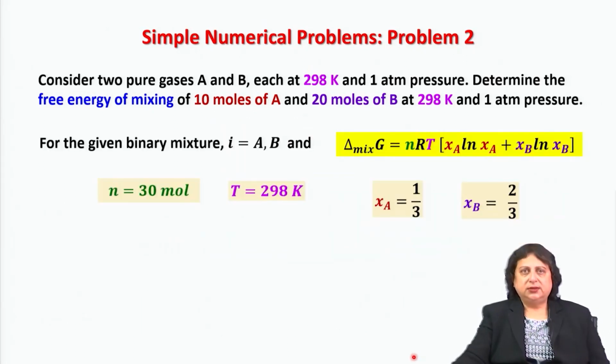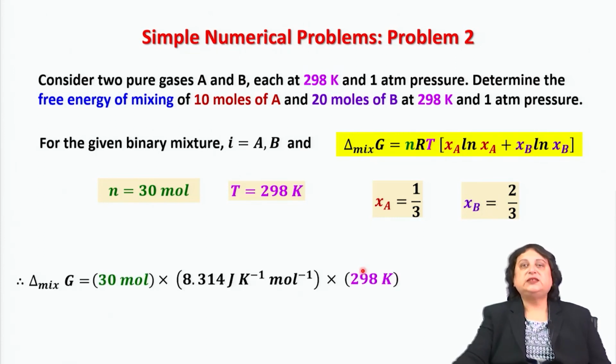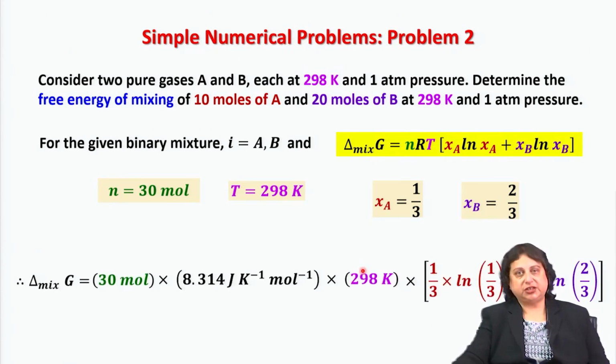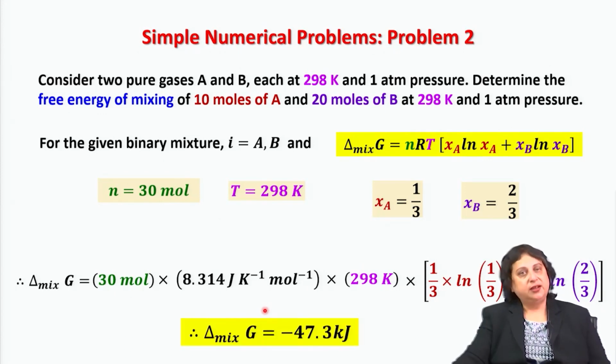So, the trick is very simple. I have a total of 30 moles at 298 Kelvin, where in the mixture the first component has a mole fraction of 1/3 and the second component has a mole fraction of 2/3, and I can very easily put all these values in the expression and find the corresponding free energy of mixing.